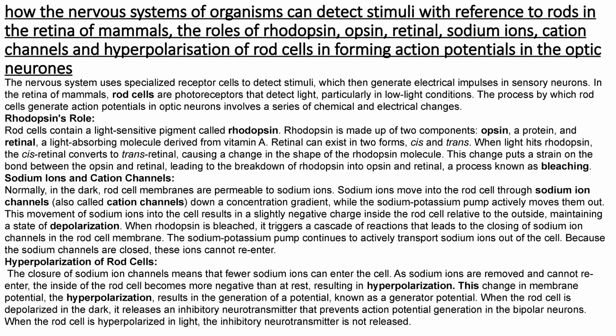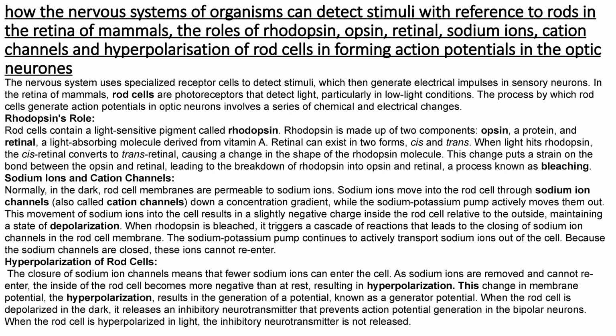In the retina of the mammals, rod cells are photoreceptors that detect light, particularly in low light conditions. The process by which rod cells generate action potential in optic neurons involves a series of chemical and electrical changes.